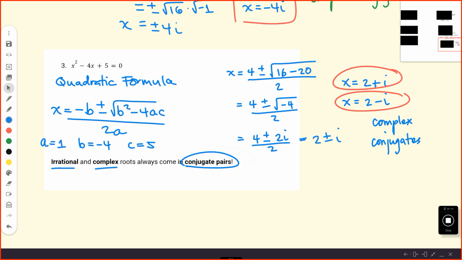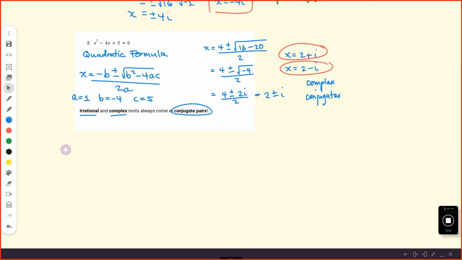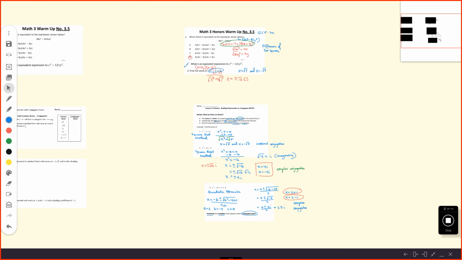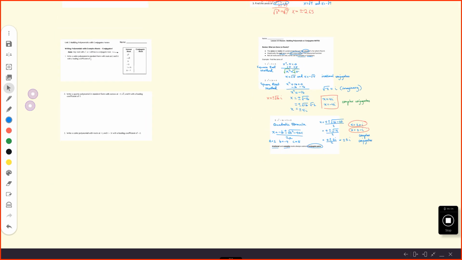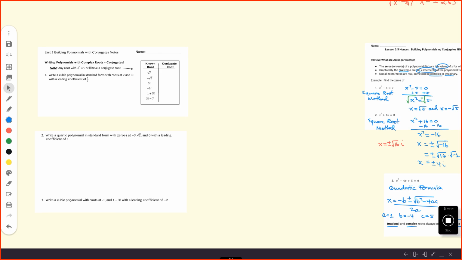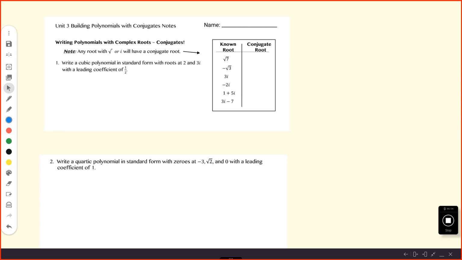So let's complete the table, because we already know what we mean by conjugate. These are the known roots here. Square root of 7, what is the conjugate of this root?